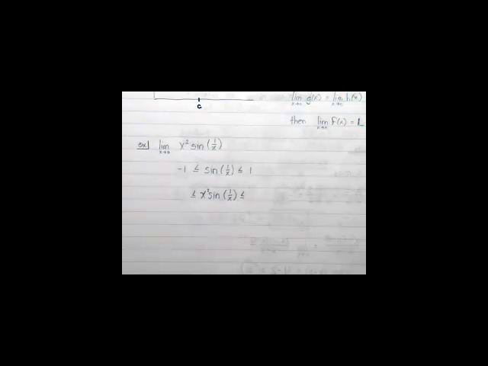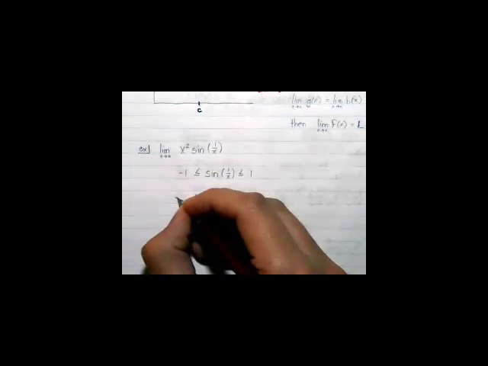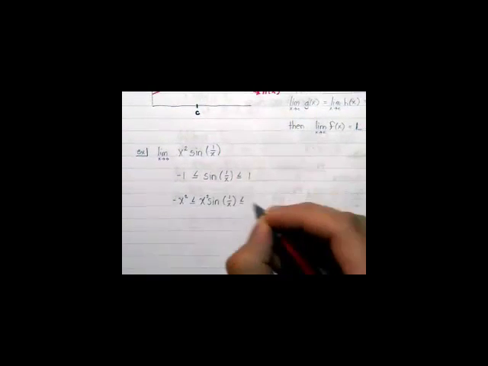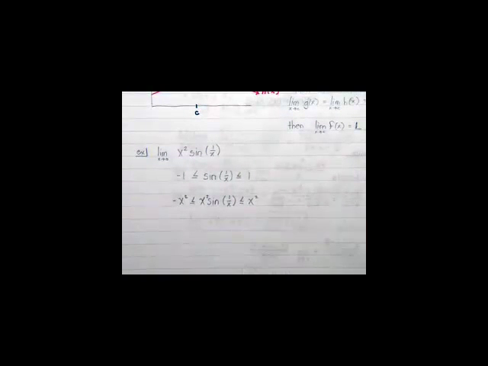So if I'm going to multiply the middle by x squared, I got to multiply -1 and +1 by x squared as well. So now I've got my two functions that it's trapped in between, -x squared and x squared. And I am hoping that if I take the limit of these two guys as x approaches 0, I get the same answer. Because if I do, whatever that answer is, it's the same for the one in the middle. That's how the sandwich theorem is going to work.